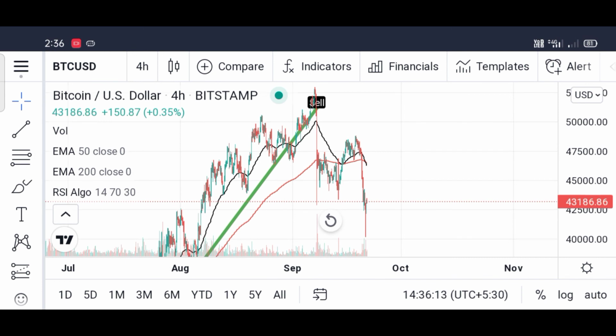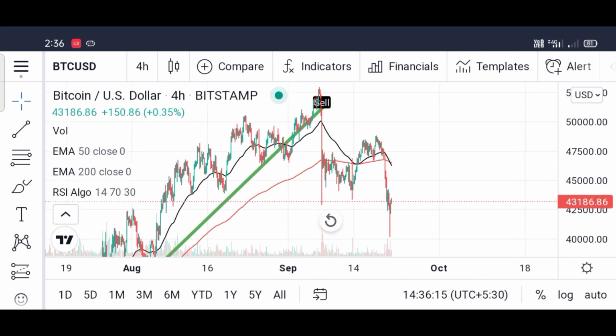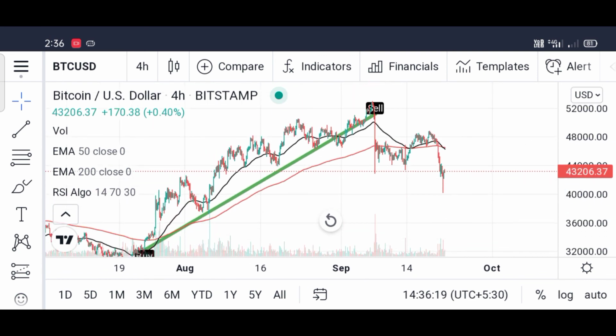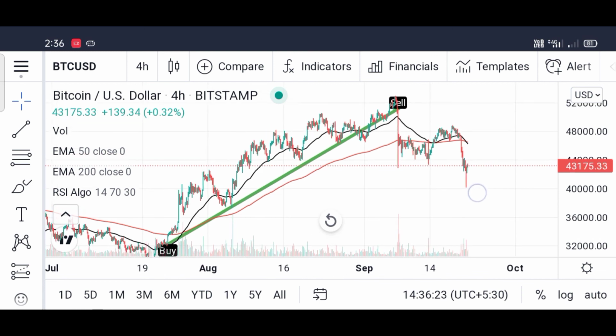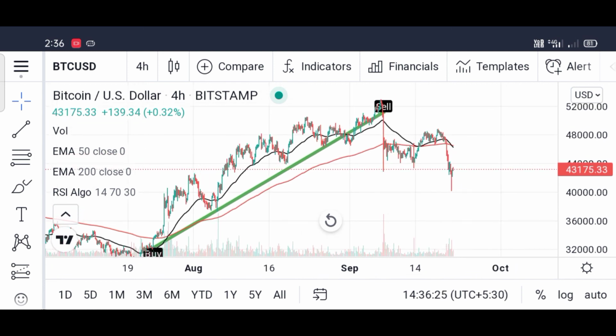These are the long-term trading signals. When we find buy signal, then we buy our assets, and when we find sell signal, we can sell our assets. This is the long-term trading signals.